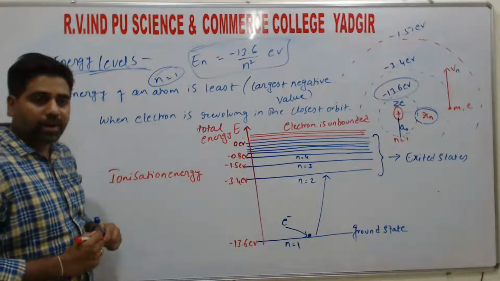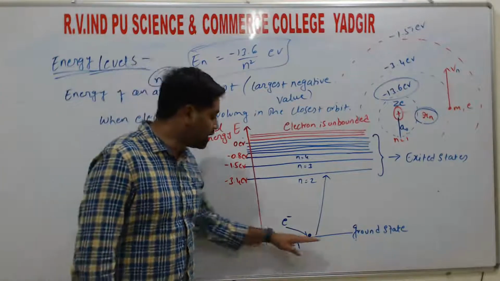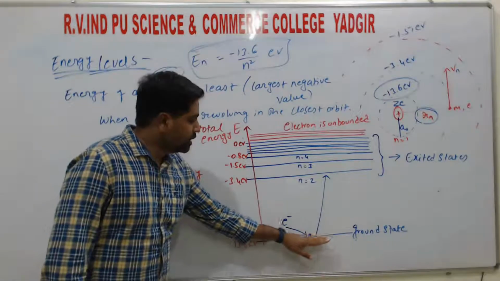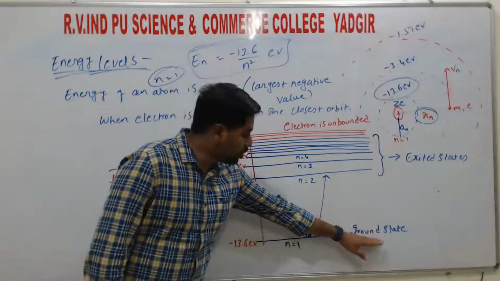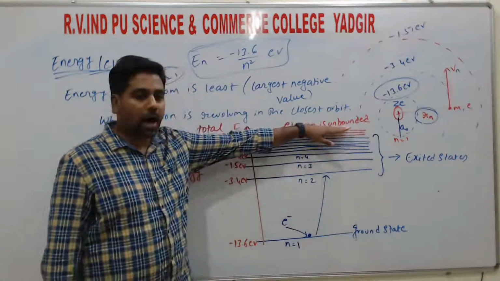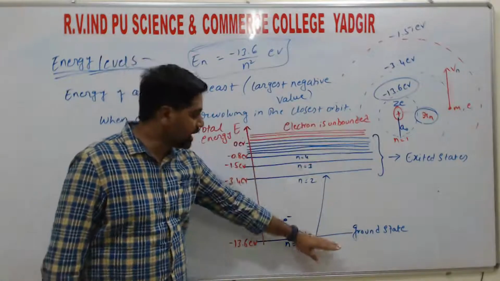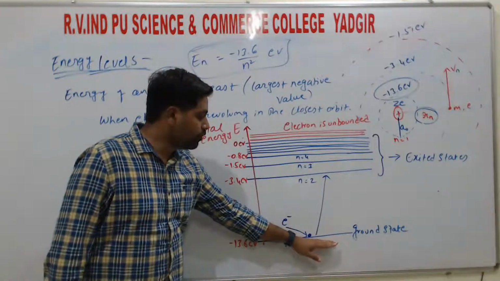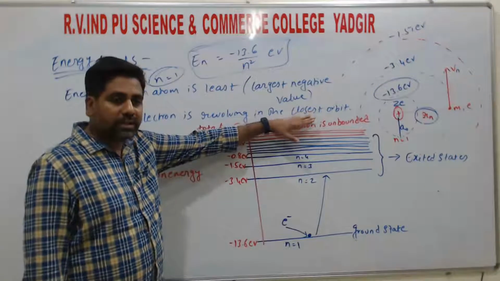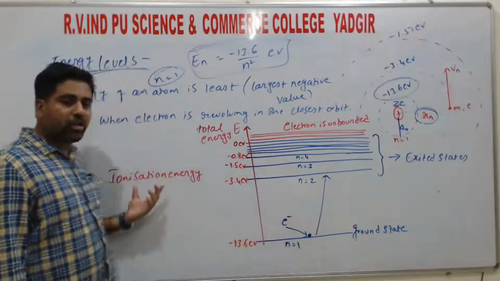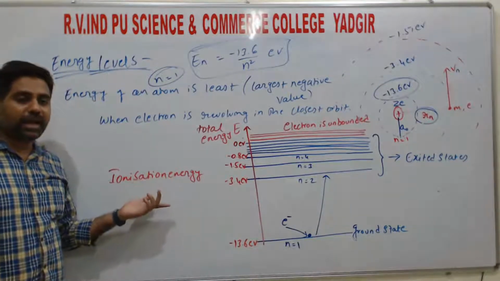So the minimum energy required for the electron to escape, that is, to go from the ground state to the unbound state, when the electron gains the energy and jumps from the ground state to the unbound state, that energy we call ionization energy.